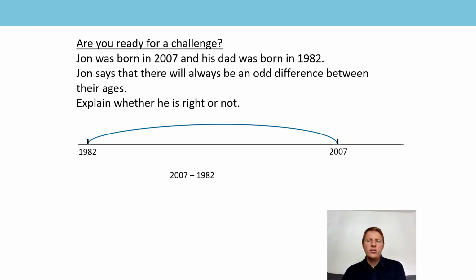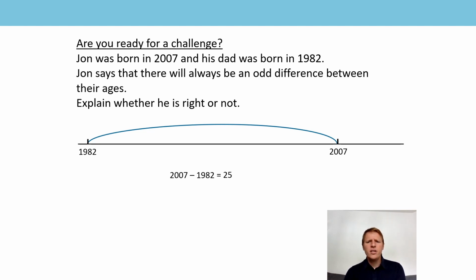Now, the way I would do this was thinking about counting up in my mind from 1982 to 2007. I would do that in two jumps. I'm going to think in my mind of going from 1982 to 2000. That's going to be 18 more, and then 2000 to 2007 will be 7 more. 18 add 7 is equal to 25.